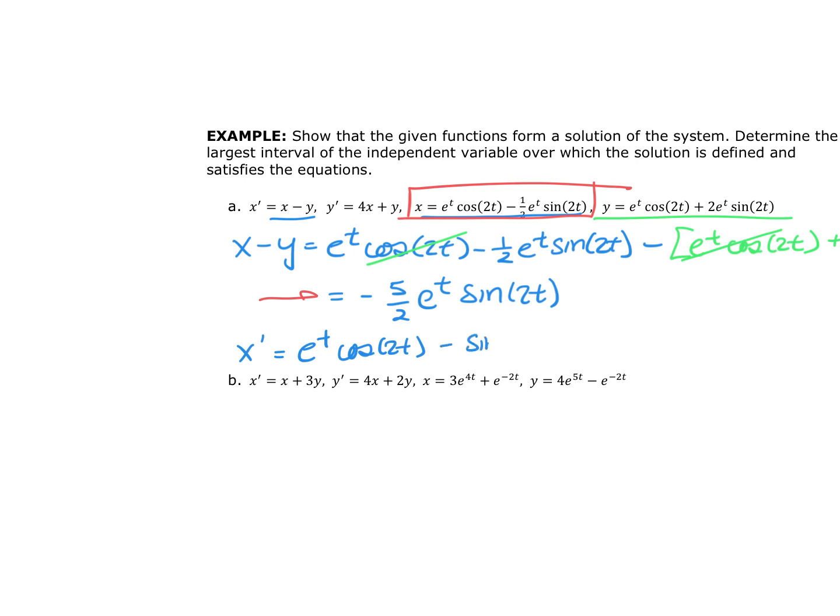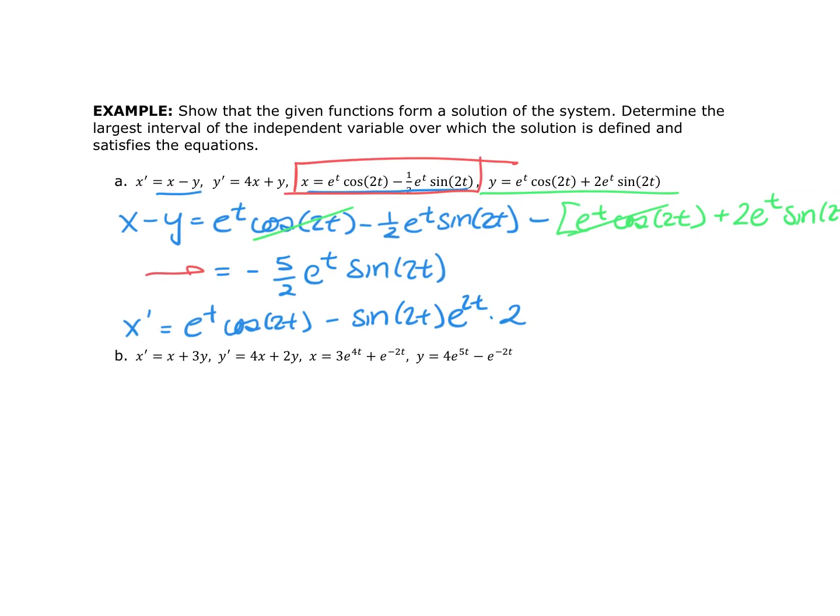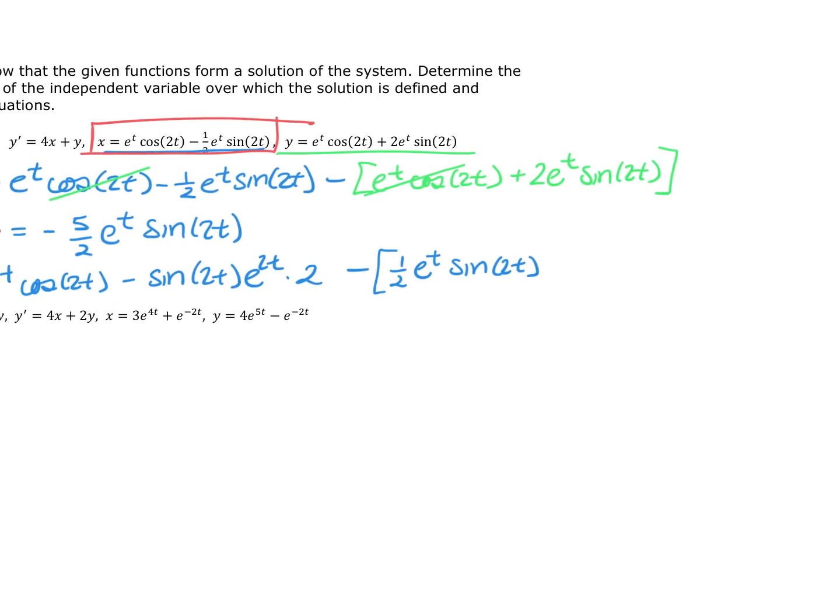So that's going to be negative sine of 2t, e to the t, multiplied by the derivative of the angle, which is 2. That's the first part. And then minus, I'm going to take the derivative of 1/2 e to the t sine of 2t. So this is going to be minus 1/2 e to the t sine of 2t, and then I'm going to take the derivative of the sine of 2t, so this is going to be plus 1/2 multiplied by 2, the cosine of 2t, and then e to the t.